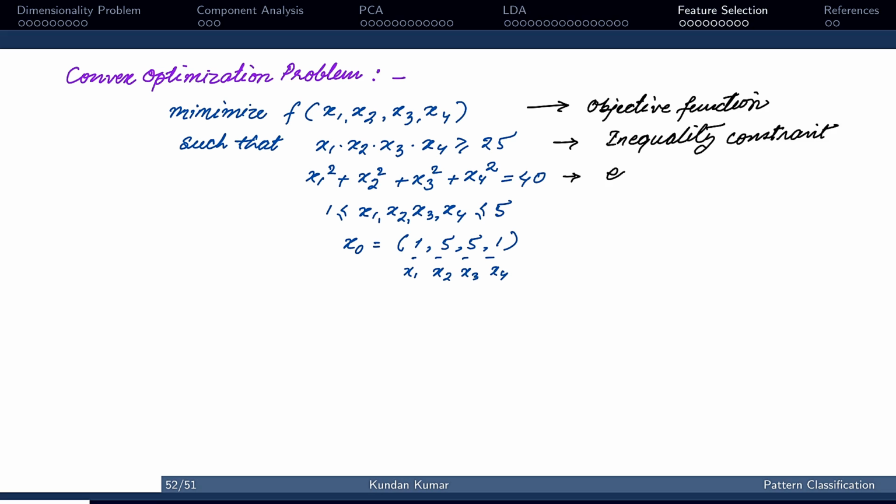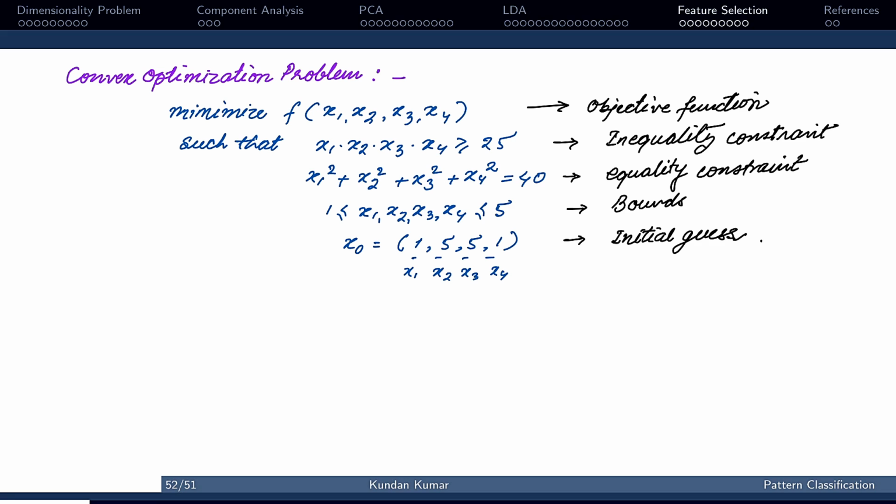This is called the equality constraint. This is called bounds, and this is called the initial guess. Okay.